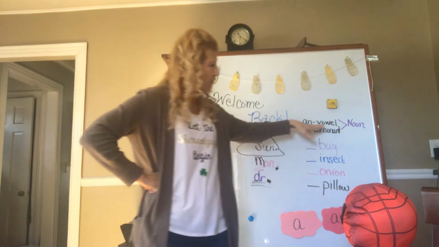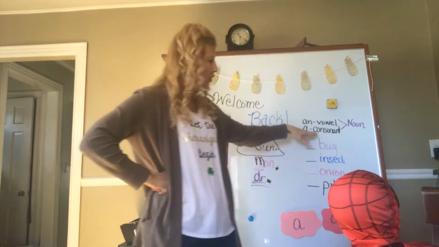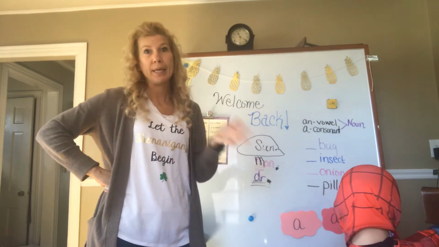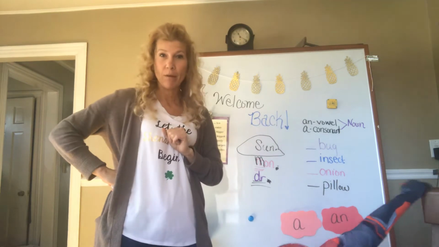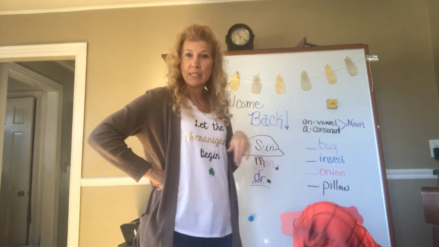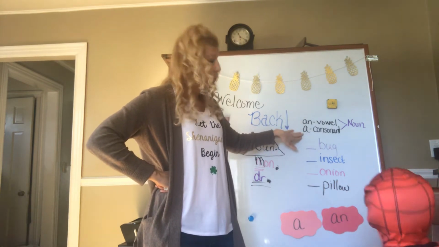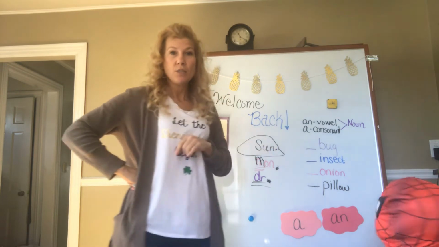Now remember, our vowels would be your A, E, I, O, U. Your consonants would be all the other letters. B for Ben. I would be "an" for Isabel. T for Tyler. Aaliyah would be a vowel, that would be "an." Lily would be a consonant, that would be "a."